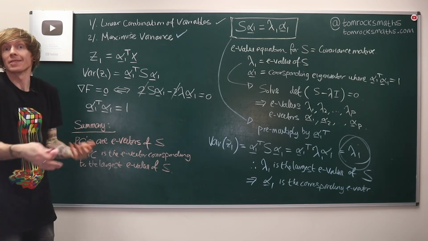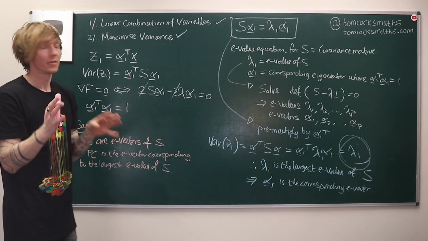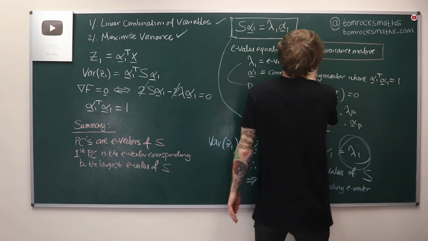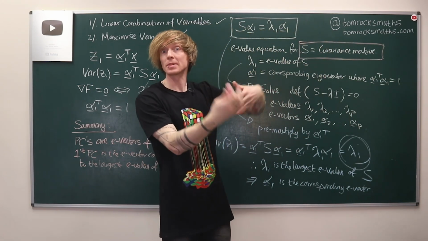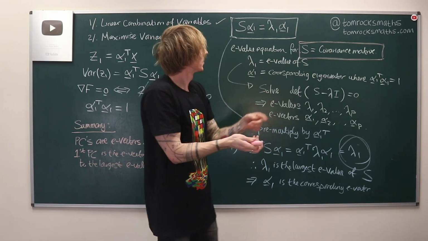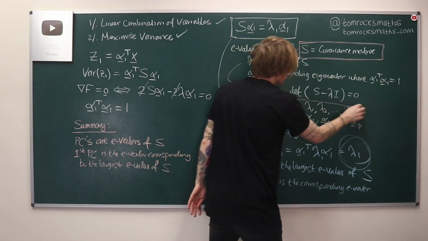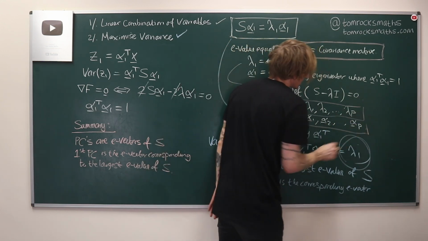So in other words, principal component analysis just relies on first calculating our covariance matrix S for all our different variables, which can be done using the data. Then we solve the characteristic polynomial to get the eigenvalues of S and their corresponding eigenvectors.